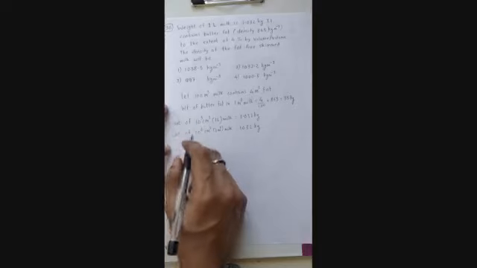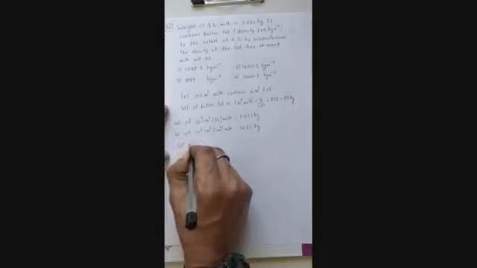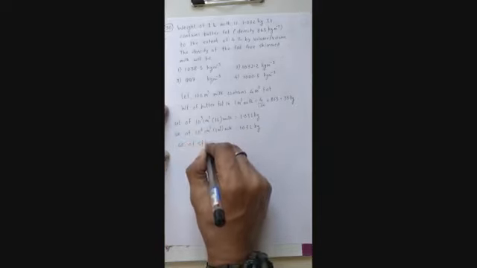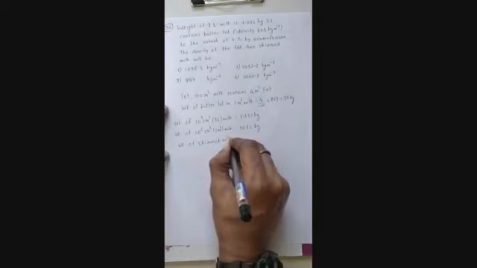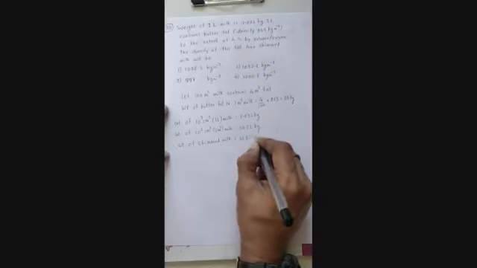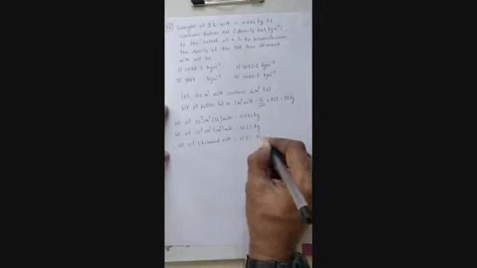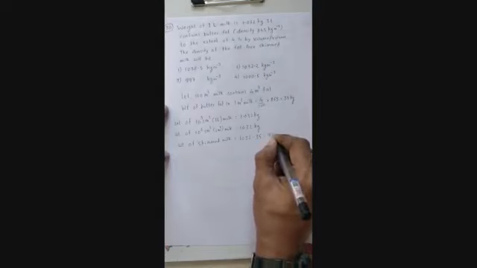Now weight of skim milk, therefore weight of skimmed milk should be equal to 1032 minus 35. So whatever is left is the weight of skim milk, 997 kilograms.